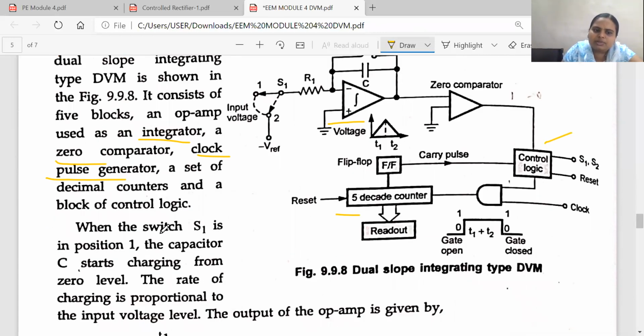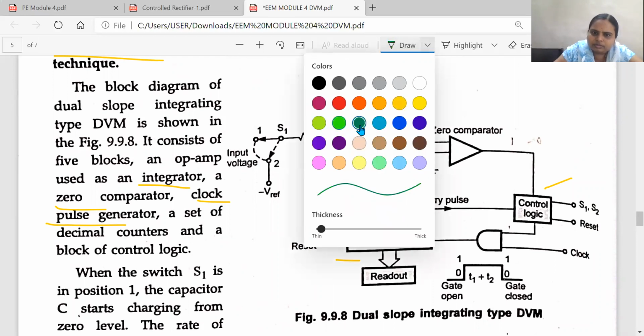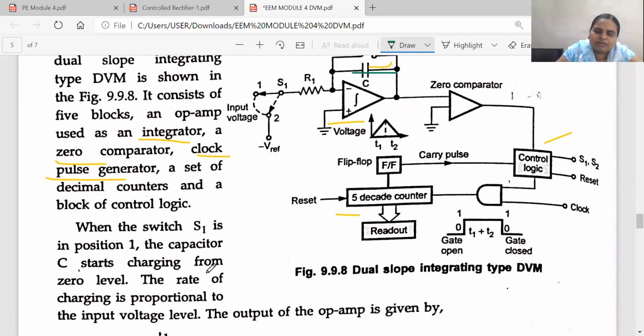When the switch S1 is in position 1, the capacitor C starts charging from the 0 level up to the input voltage we apply.